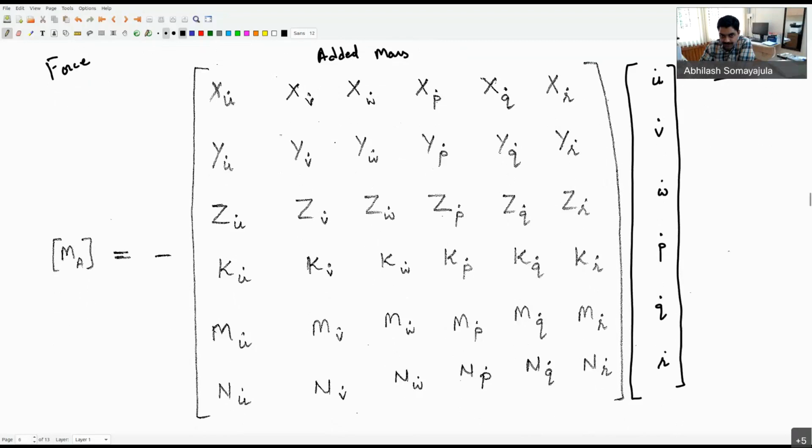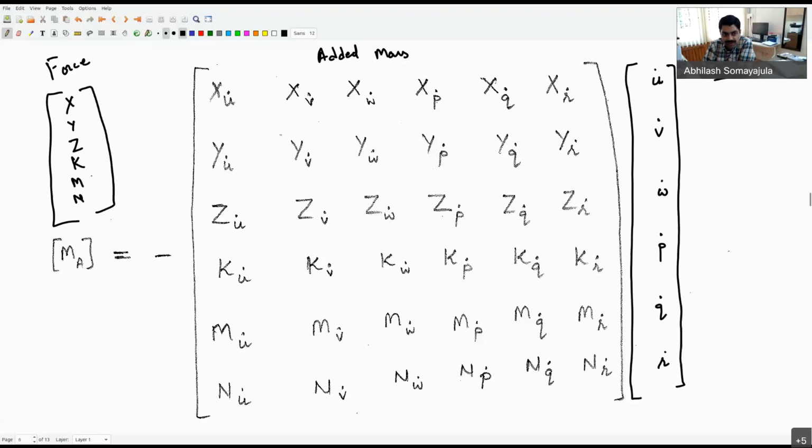What I have as the components of these are nothing but, you remember our total force vector was given as X, Y, Z, K, M, and N, where the first three were the forces in surge, sway, and heave.